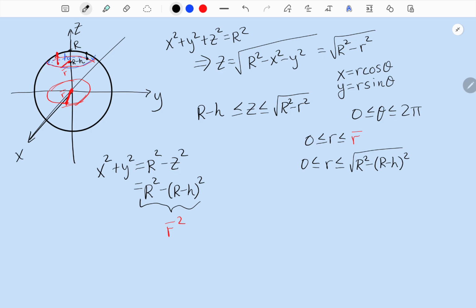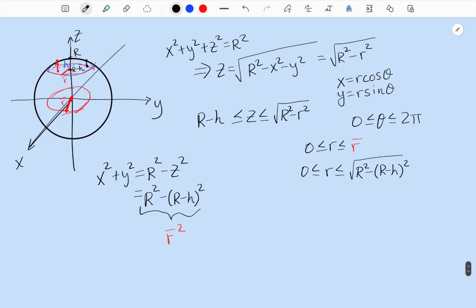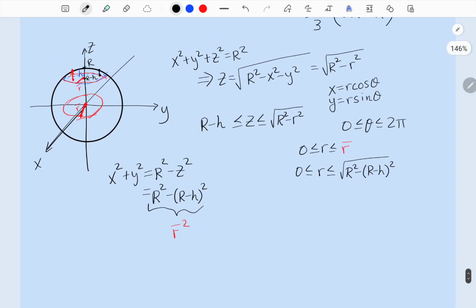This is true because R and h are both positive, h is smaller than R, so R minus h is positive but smaller than R, so R squared minus (R minus h) squared is positive. This all works out well.